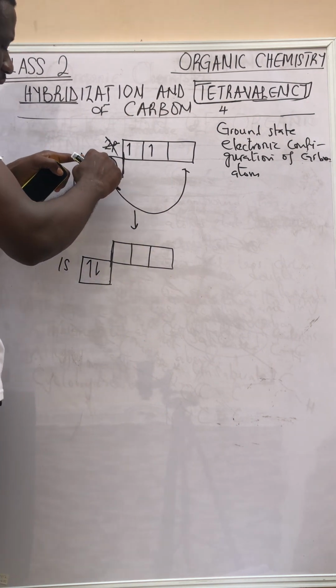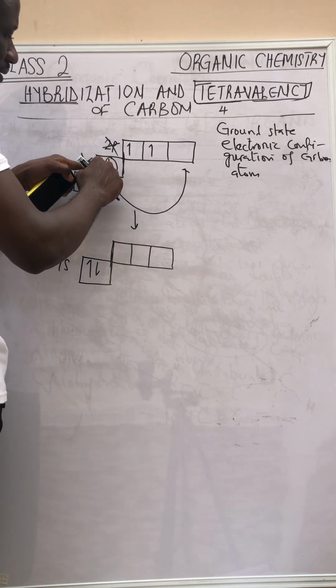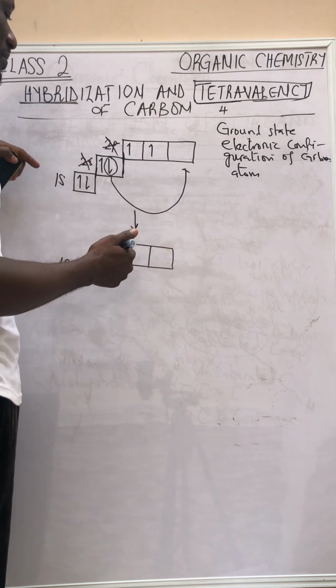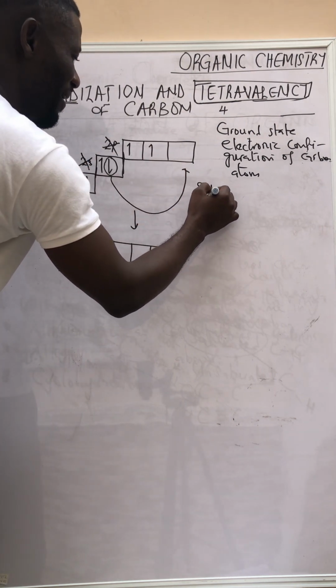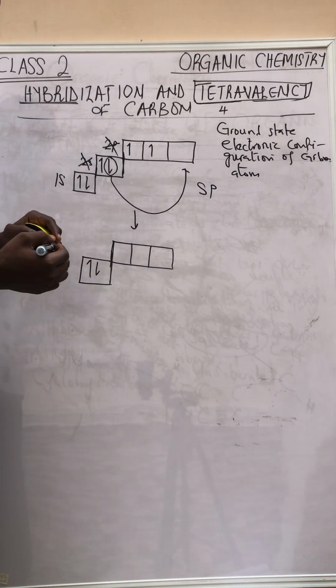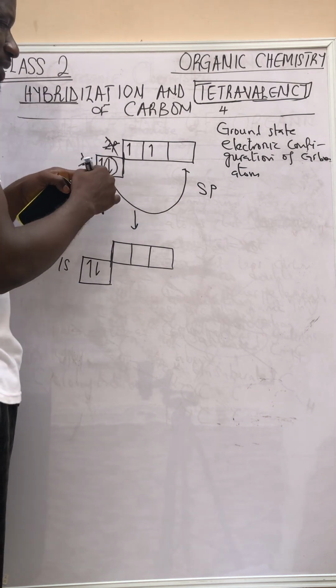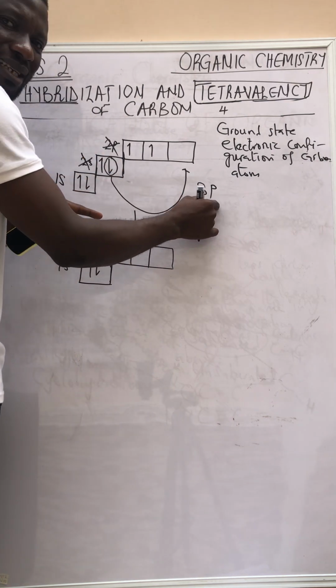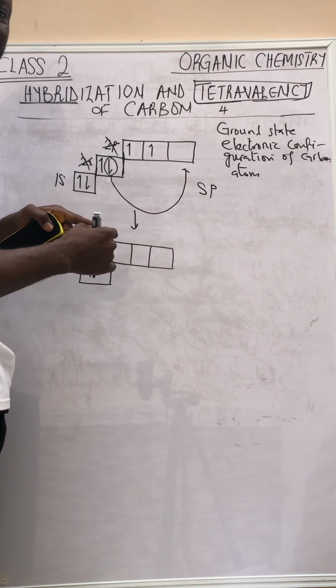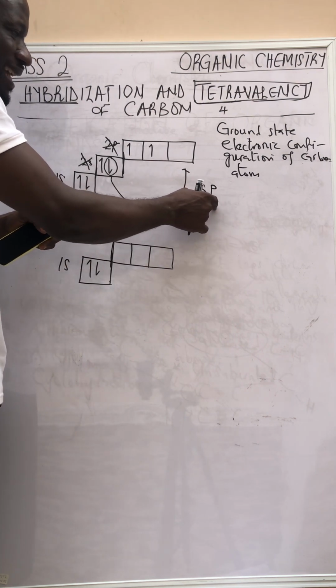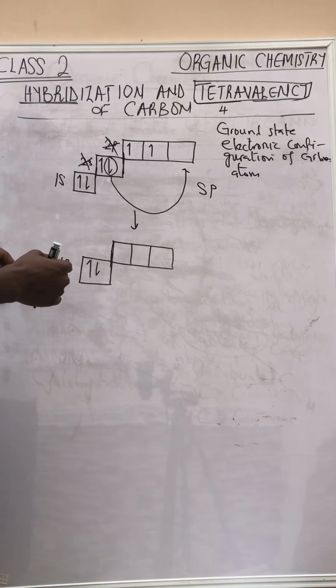One electron is coming from s to p. That means we have mixed s and p. So we now have sp hybridized orbitals.